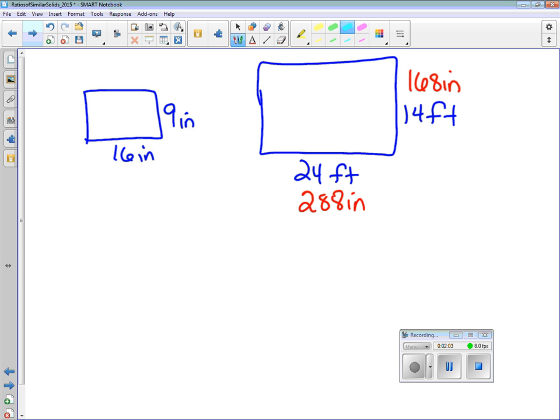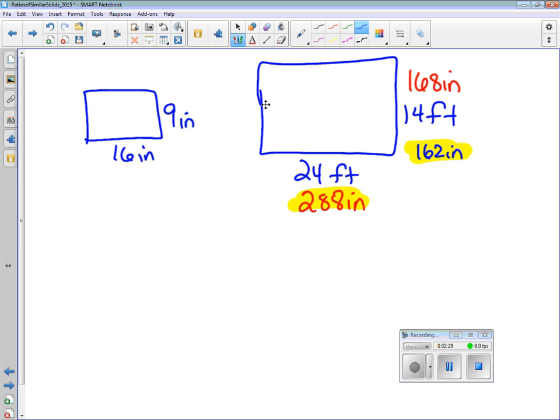But if I use the scale factor of 18, we would have 16 times 18 is 288. So that's one of the dimensions. What's 9 times the same scale factor? And that would give me 162.